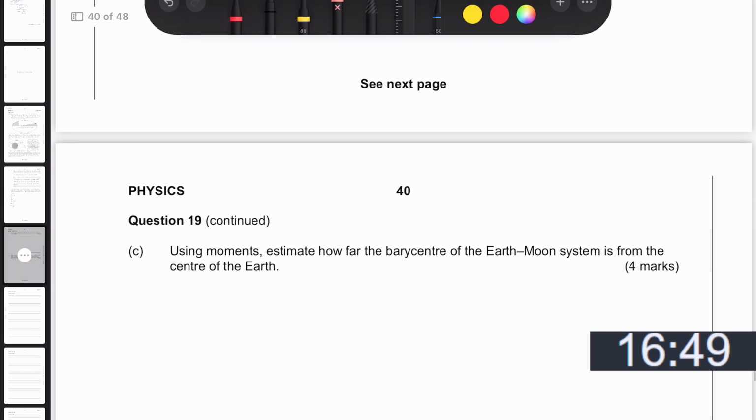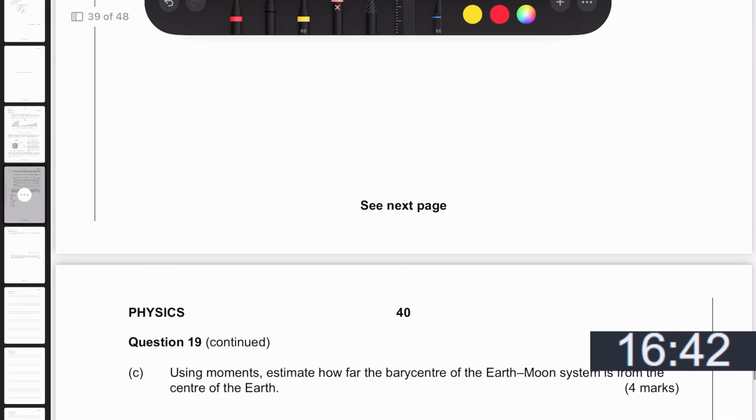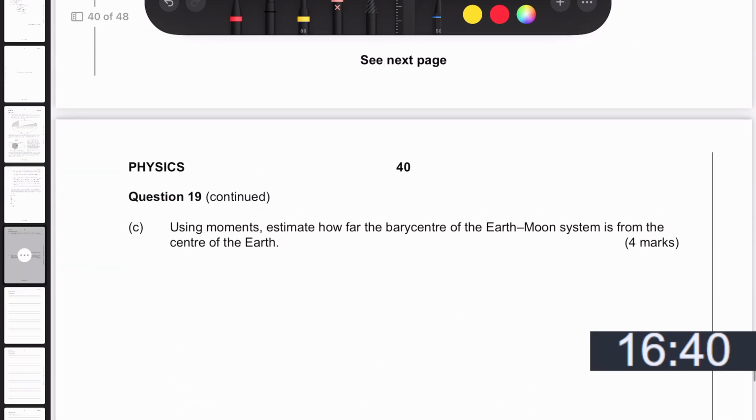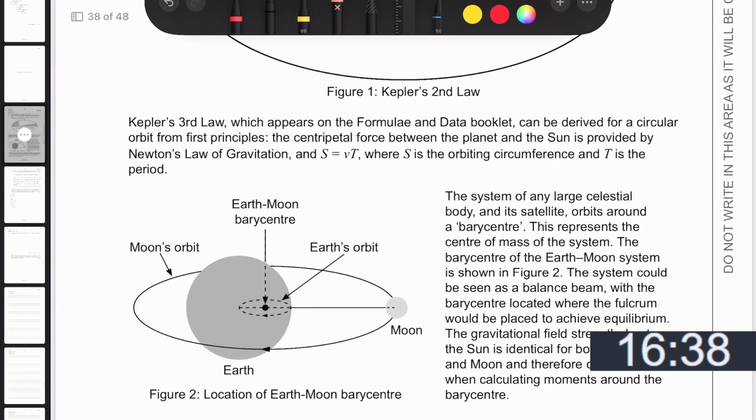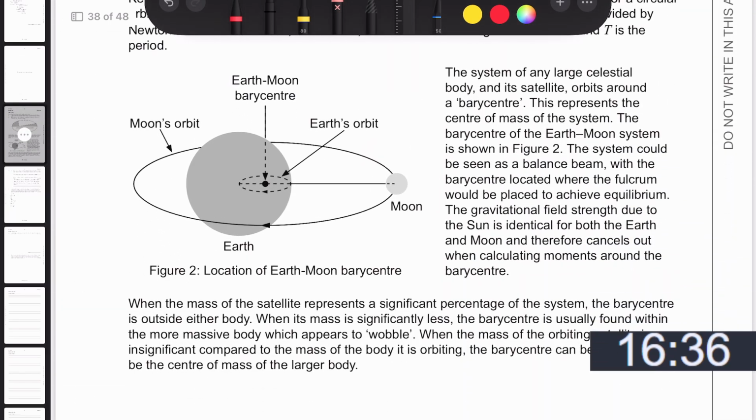Okay, using moments, estimate how far the barycenter of the Earth-Moon system is from the center of the Earth. When the mass is significantly less, the barycenter is usually found within the more massive body, which appears to wobble. The system can be seen as a balanced beam, with the barycenter located where the fulcrum will be placed to achieve equilibrium.